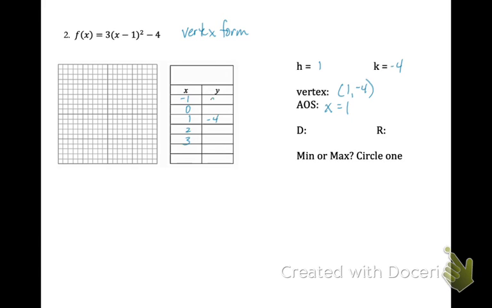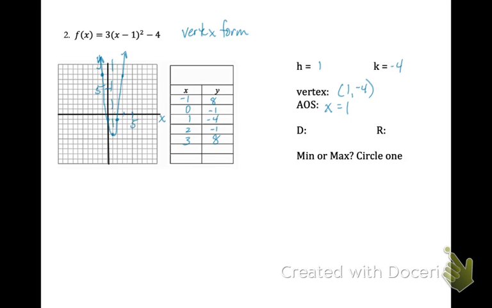Plug in negative 1 and 0 and you'll get 8, negative 1. And then your y values on the other side will be symmetrical values. You can plug it in to check to make sure. All right, let's plot these points. So draw your xy axis, label it x and y, and label a scale. So looking at the equation, this is going to be a narrow U-shaped curve opening upward.